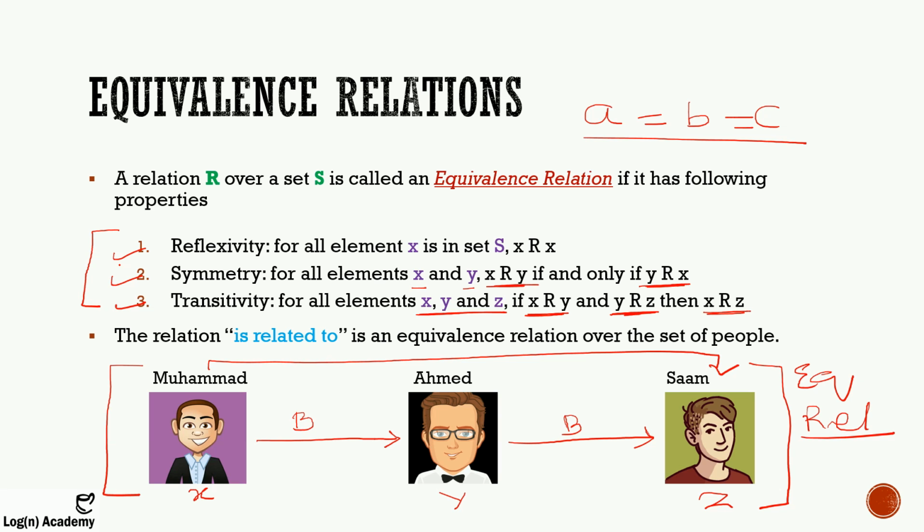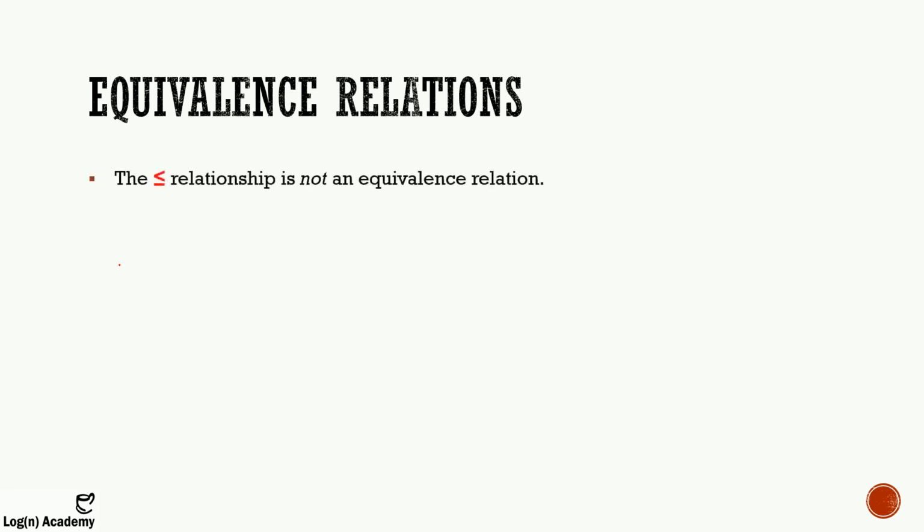So now let's see what is not an equivalence relation. The less than or equal to relationship is not an equivalence relation. How is it not an equivalence relation? It is reflexive since x is less than or equal to x. So if I say a is less than or equal to a, yes, because a is equal to a.